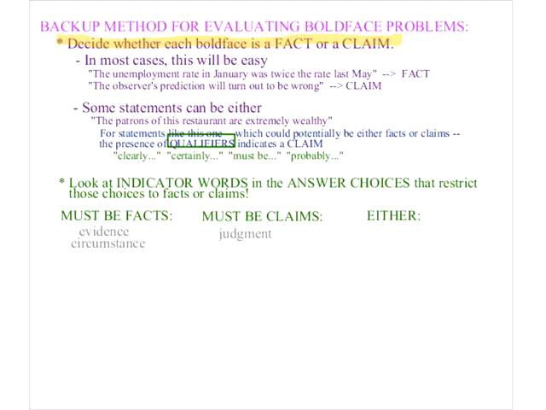What about a conclusion? C, F, or E? Okay, this one, in these arguments, I'm going to give you guys an asterisk here. Because what the asterisk means is, in their arguments, conclusions are always claims.